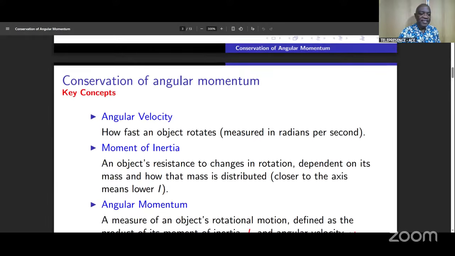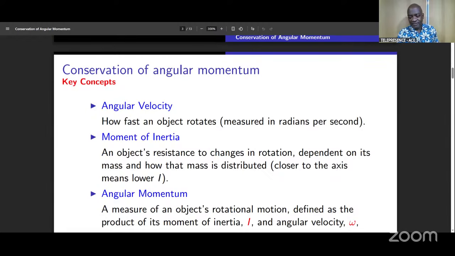So let's look at the basic objects that play the important role in conservation of angular momentum. These are what you already know. The angular velocity, that is your omega, which measures how fast an object rotates, or if it's pure circular motion, how fast it executes that circular motion, and it is measured in radians per second.